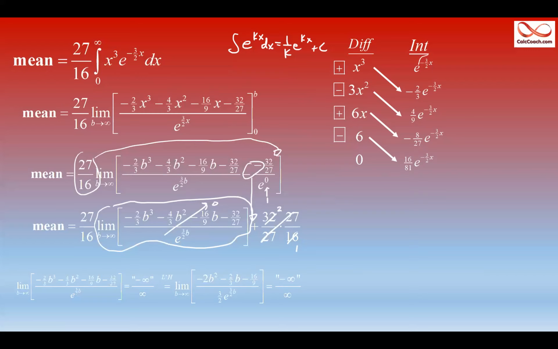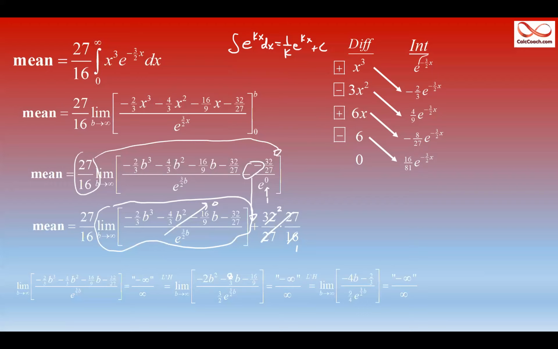So we get our 3 comes down, we get negative 2b squared. 2 comes down, we get, I think I wrote that wrong. Yes, I did. There's a mistake there. The 2 comes down, that's negative 8/3. Sorry about that. And then it's still going to be negative infinity over infinity.